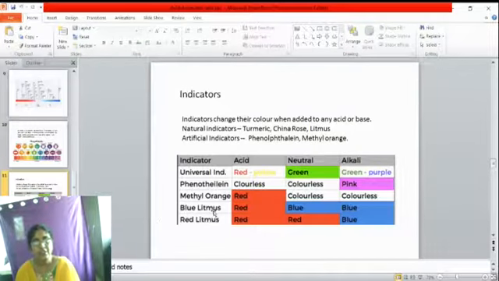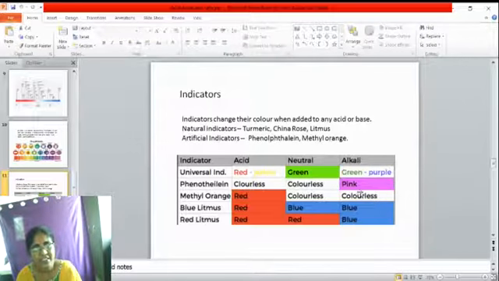Then coming to the next point in our class, the indicators. These indicators are highly colorful and you enjoy doing experiments using them. What are these indicators? They change the color.